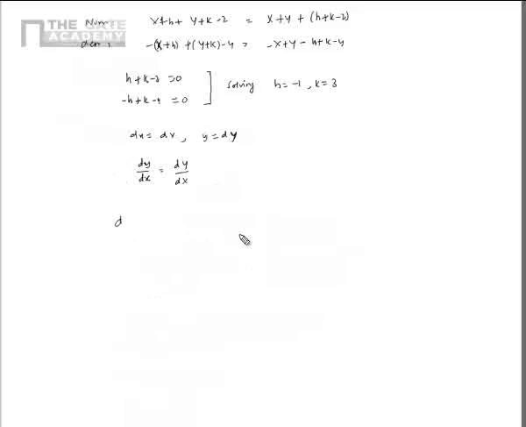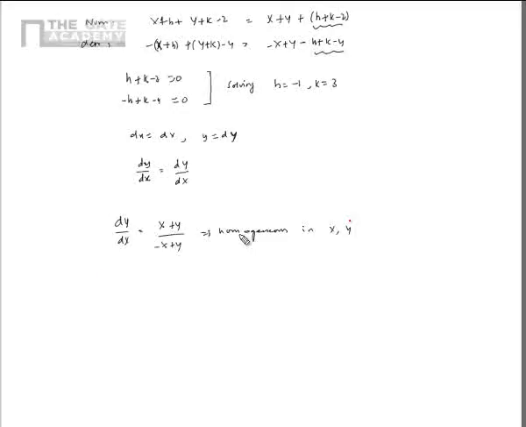So you will have capital dY by capital dX is equal to, the constant terms have become 0, so it will be X plus Y by X minus Y. So this is a homogeneous equation in capital X and capital Y. Remember, ultimately we have to substitute back in small x and small y.